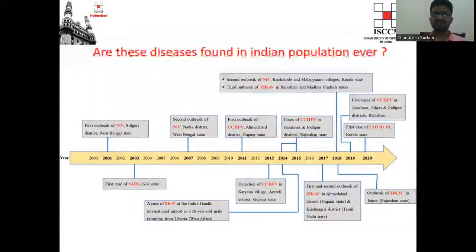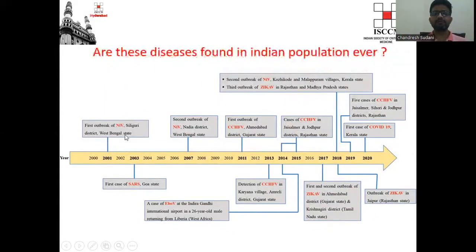Why are these diseases important to know in our Indian context? If you look at the last 20 years of data, from 2000 till 2020, many outbreaks happened, including Nipah virus, which first occurred in 2001, particularly in West Bengal.